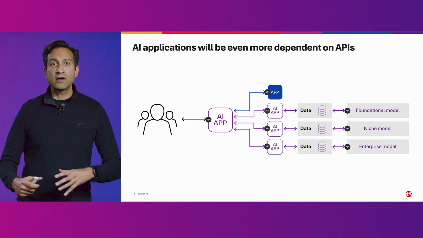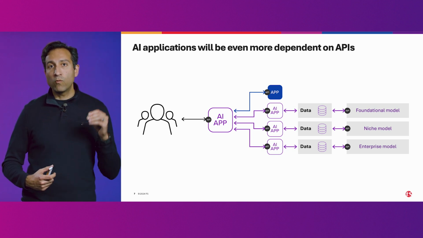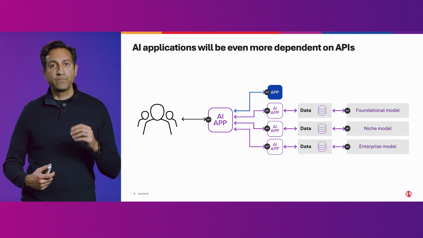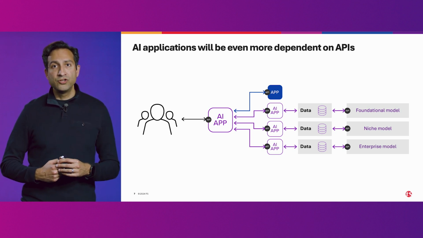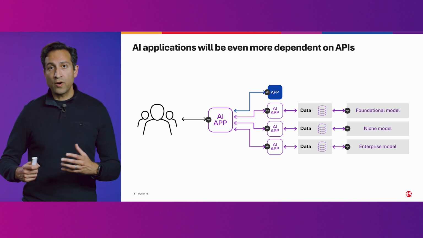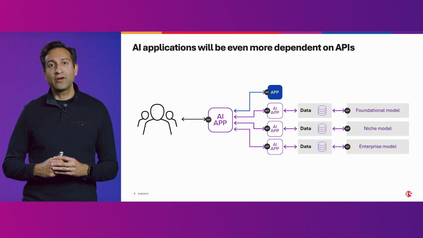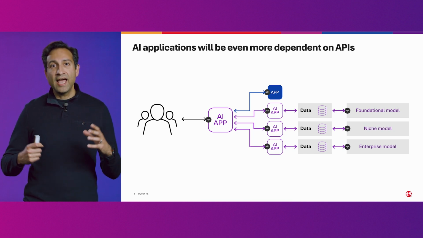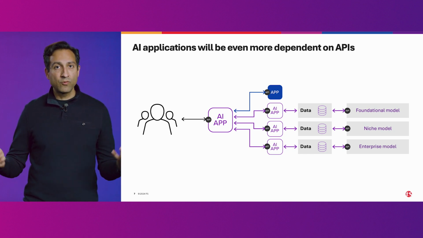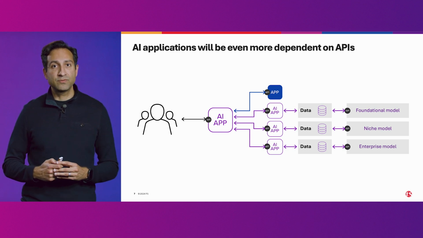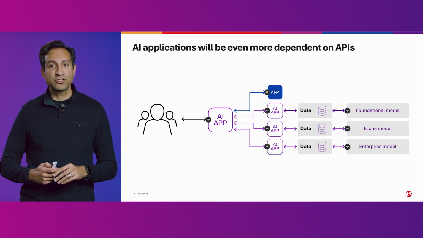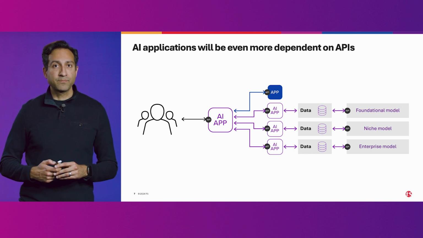And they all work in concert, they all work together. But when you have an AI application that is making a call to a foundational model or a first-party model, it is going through another API. So in a sense, APIs are really gluing this entire ecosystem together, and that's really important to know because that has security ramifications for organizations writ large.